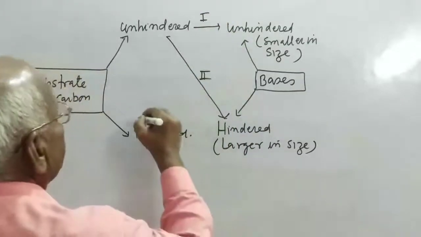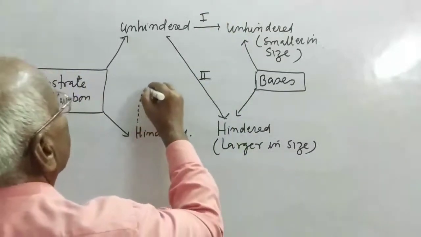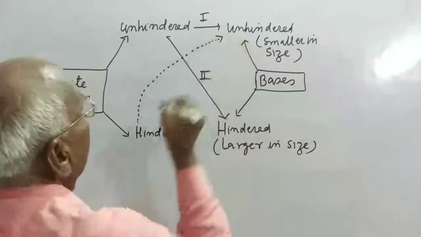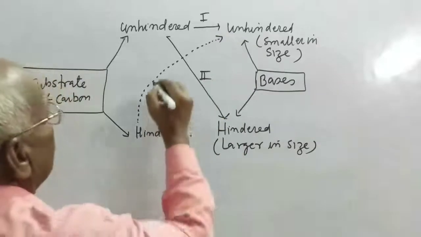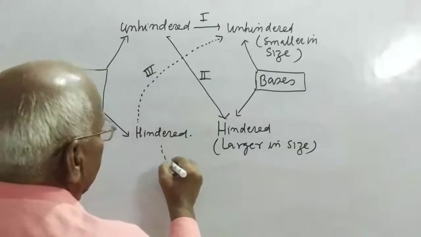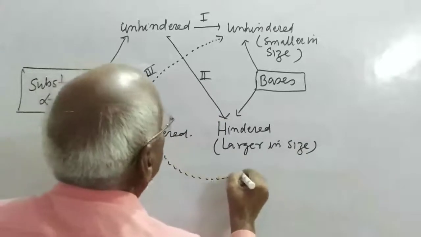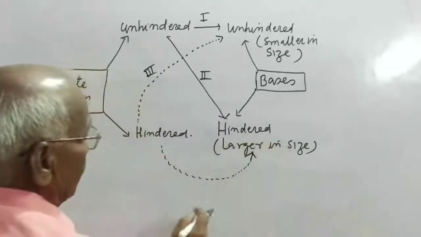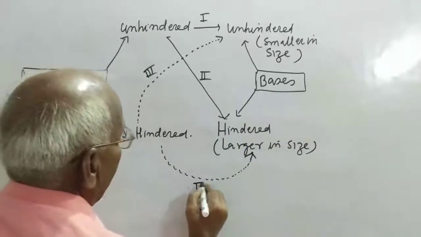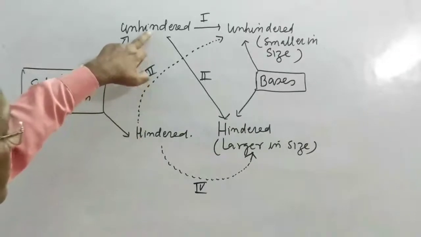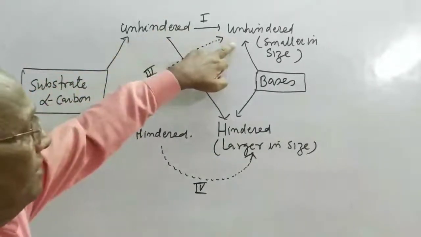In another case, this hindered substrate may react with unhindered base, so it is case third. And in another case, this hindered substrate may react with hindered base, so it is case fourth. So there are 4 cases. The first case, unhindered substrate reacts with unhindered base.